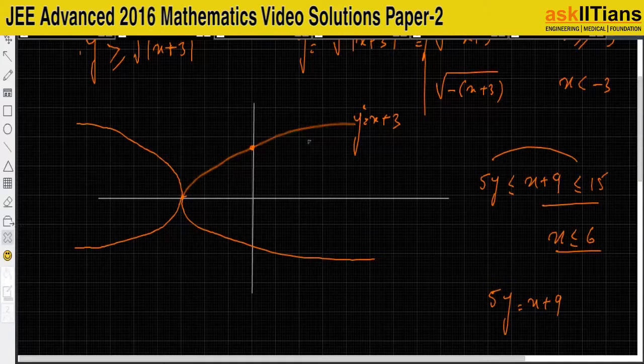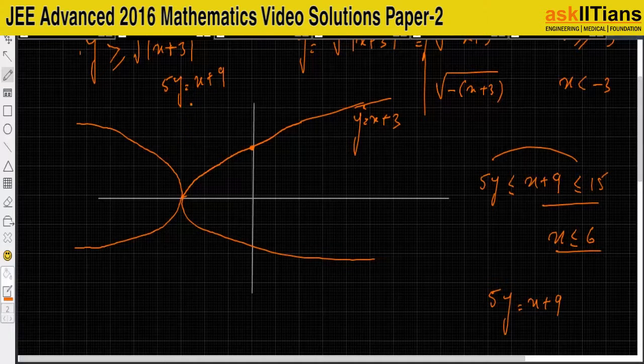Actually, let me draw this curve a bit like this. So this line is 5y equal to x plus 9.